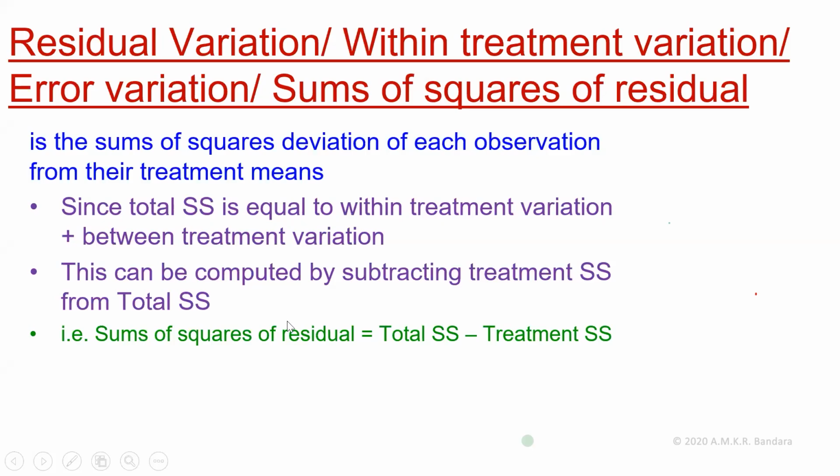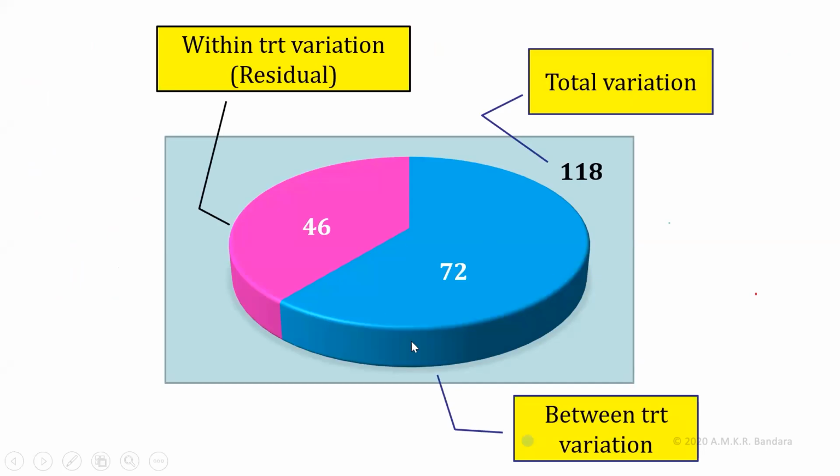So sums of square error you can find by deducting treatment sums of square from the total sums of square. This pie chart shows the partition of total variation into between treatment variation and within treatment variation. So 72 is between treatment variation and 46 is within treatment variation, or residual.